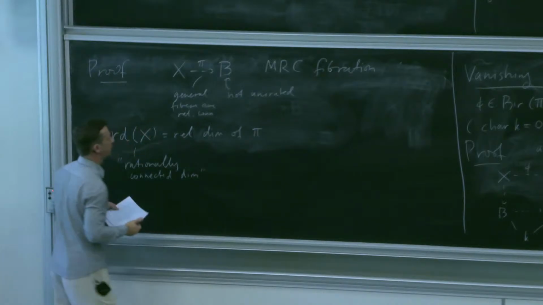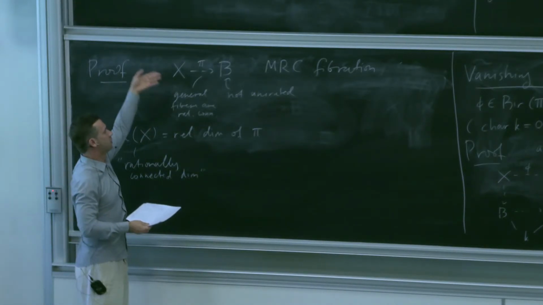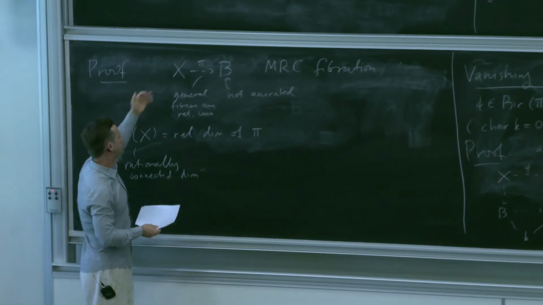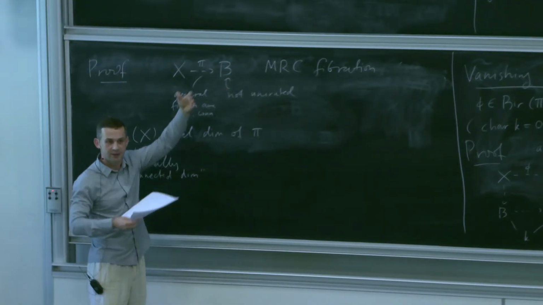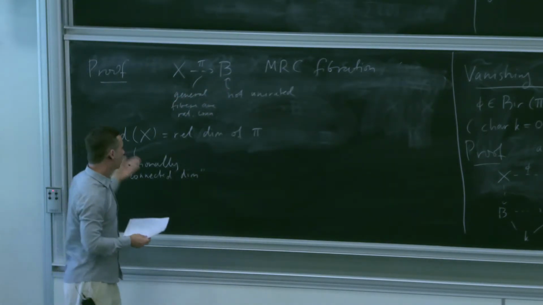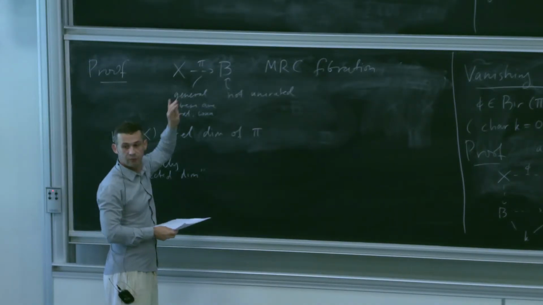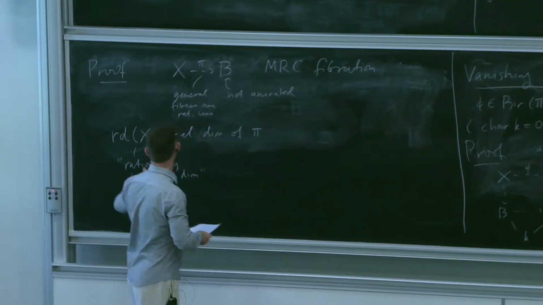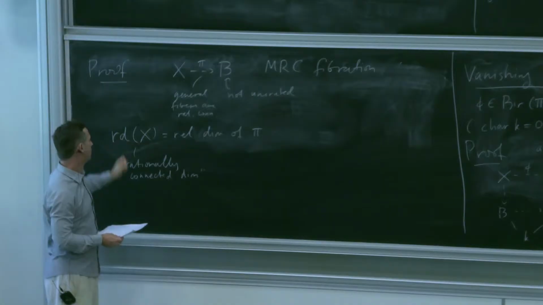You have a variety of some dimension, maybe n, and this can take values from 0 to n, and the complexity moves in between. So we have a threefold, so we'll have 4 cases to look at, depending on this rational dimension.